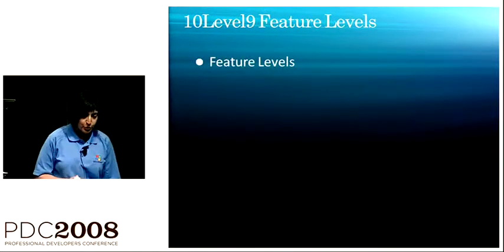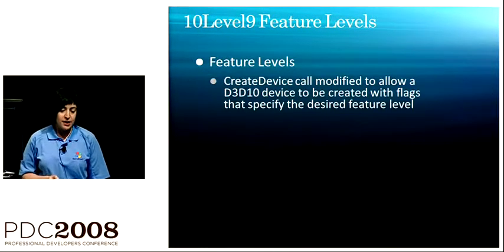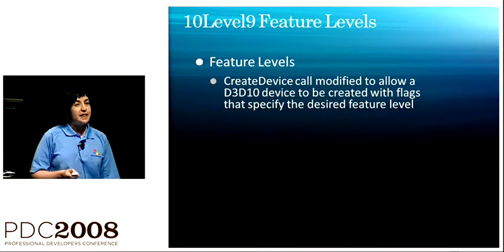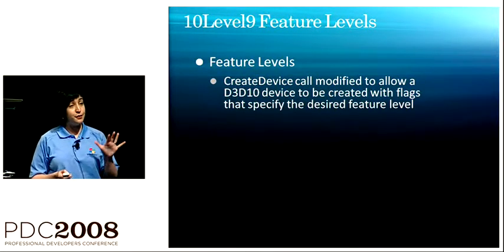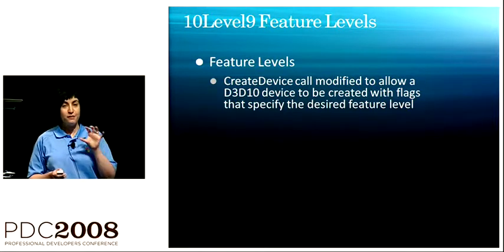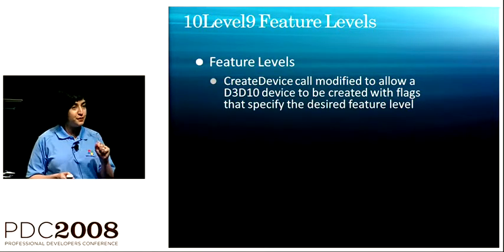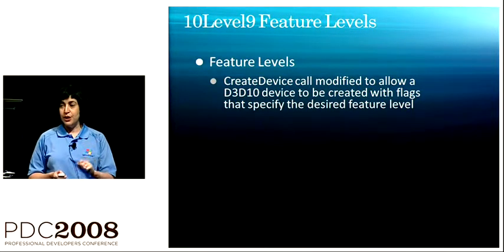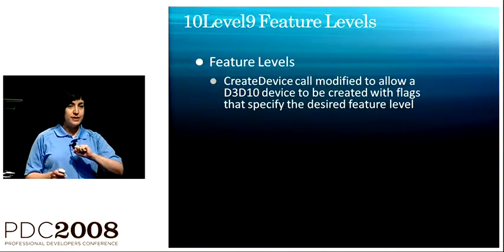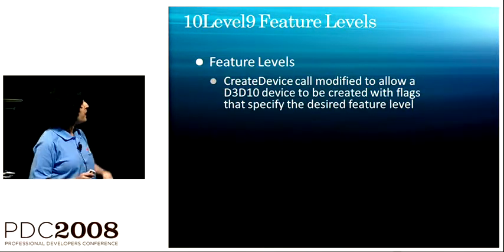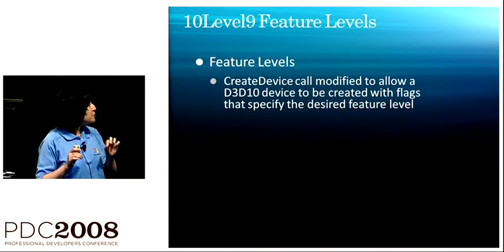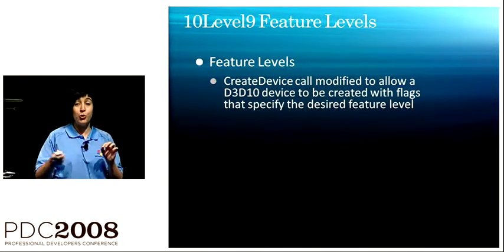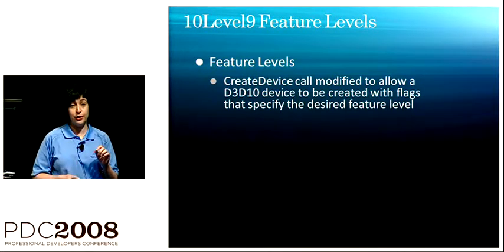So let's talk a little bit more about these feature levels. Feature level is basically a modification to the create device call that allows the D3D10 device to be created with flags that specify the desired feature level. You'll see a code sample of this in a minute, so if that doesn't make any sense to you, don't panic. So now the create device call has been modified to let you know what level of device you want to create.